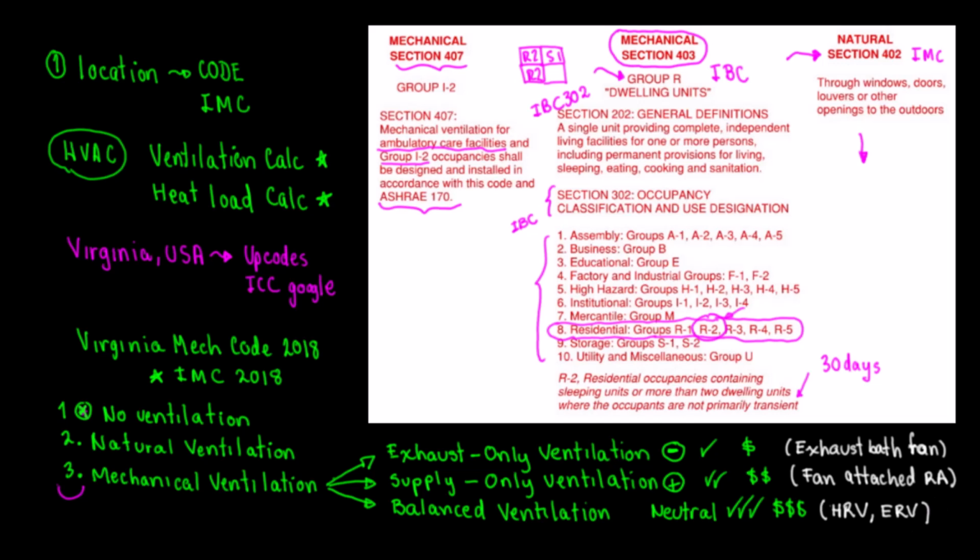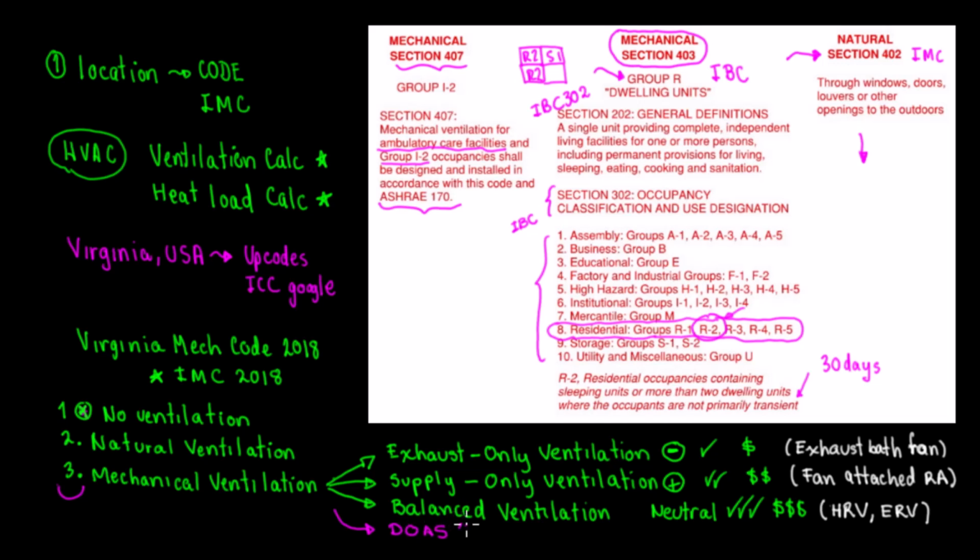In commercial, usually they do the ventilation via DOAS. This is very common, a DOAS unit. DOAS means dedicated outside air equipment, right? Dedicated outdoor air system.